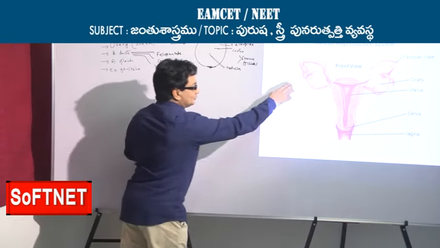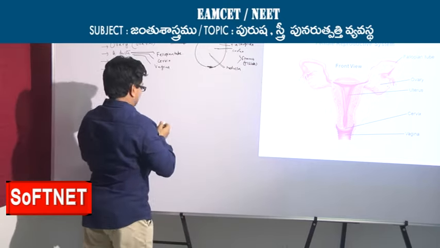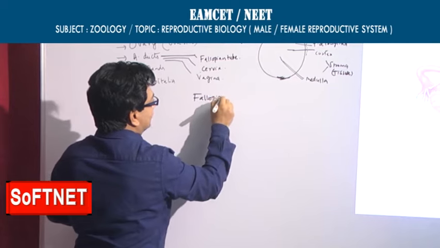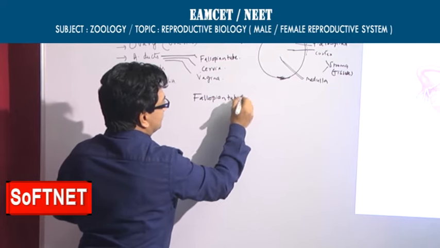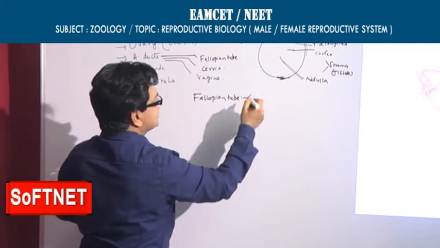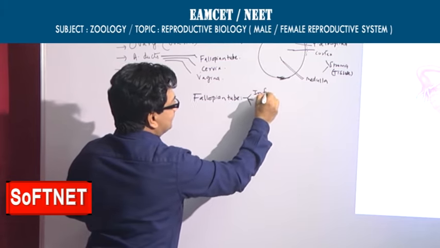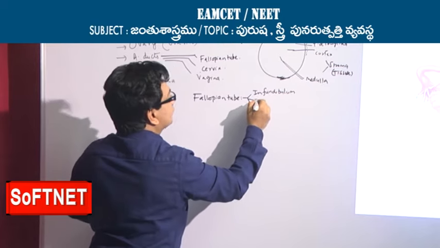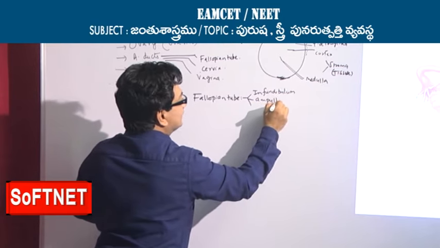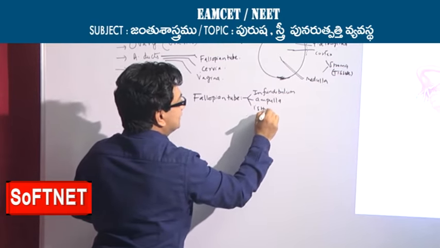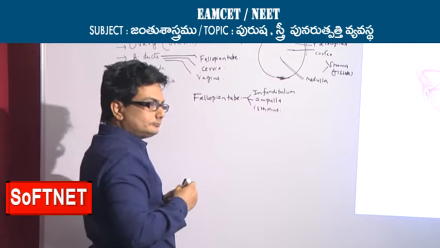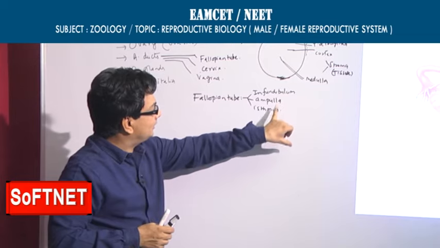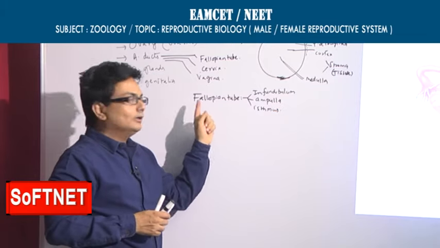So the fallopian tube has 3 regions: the infundibulum closer to the fimbriae, the next one called the ampulla, and the last one called the isthmus.